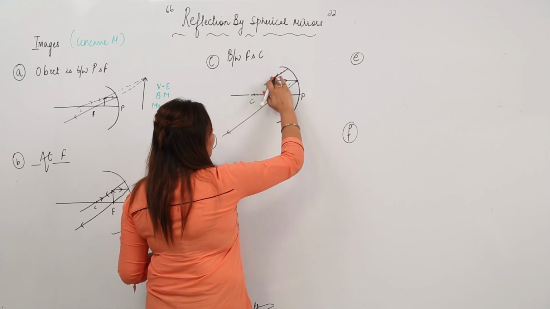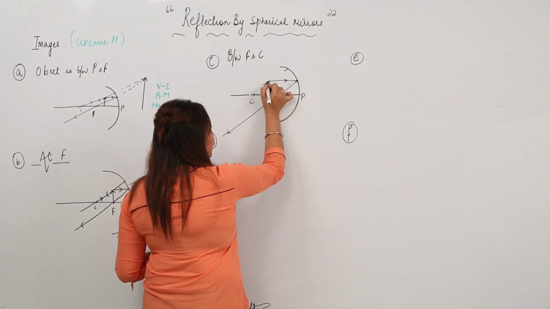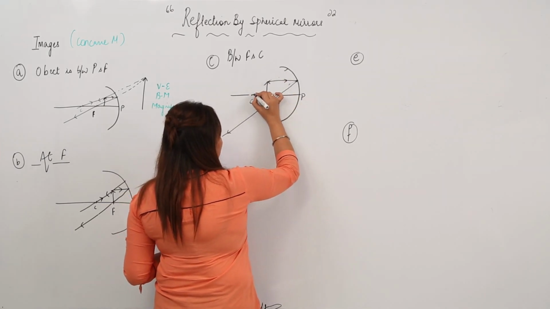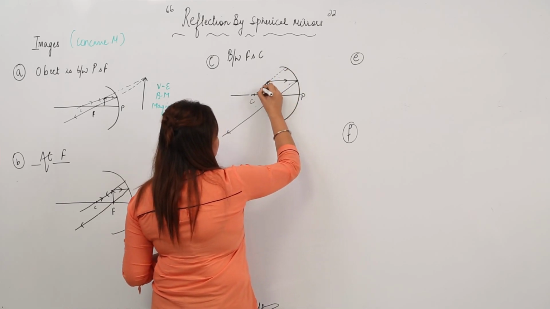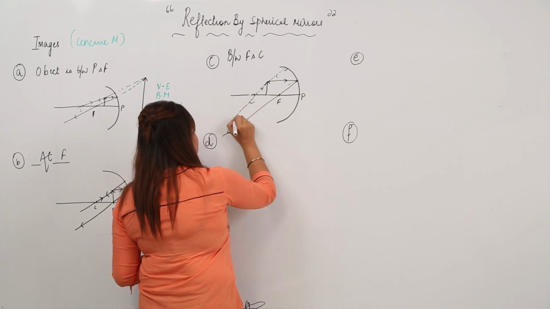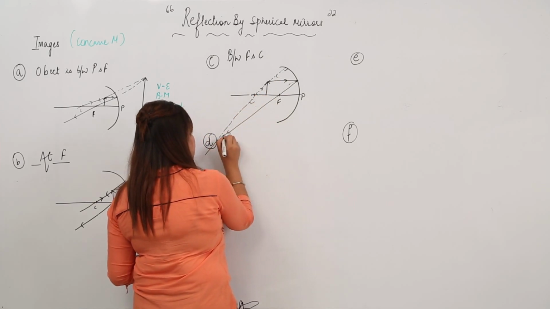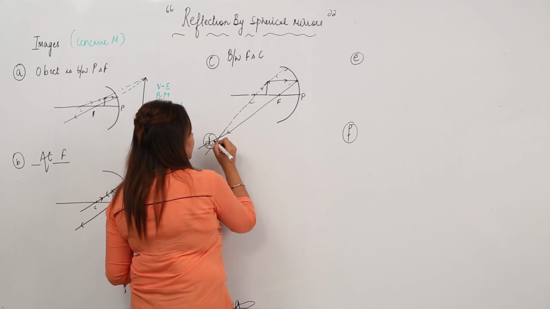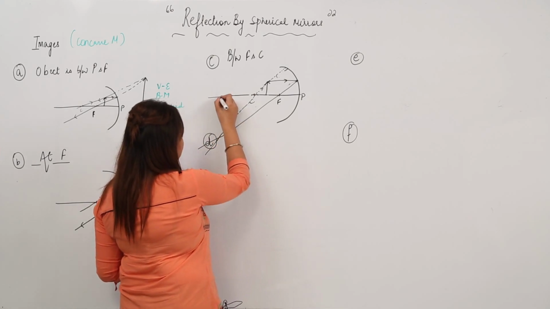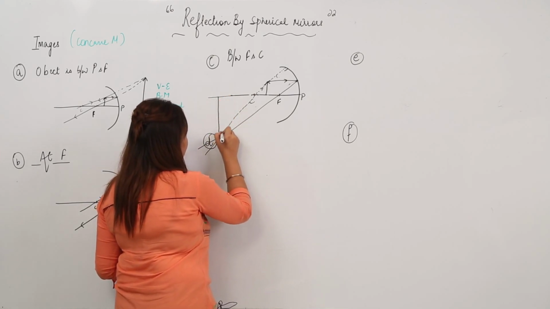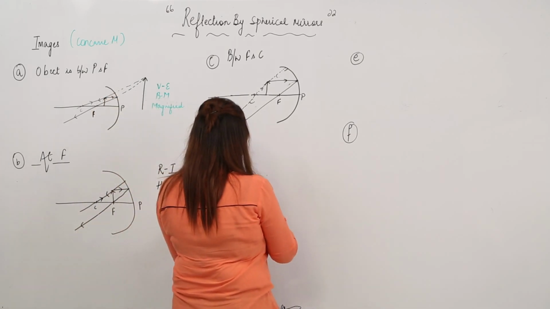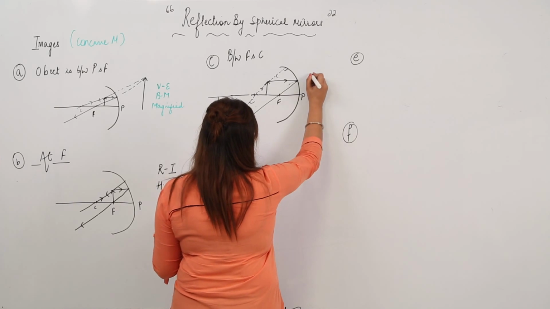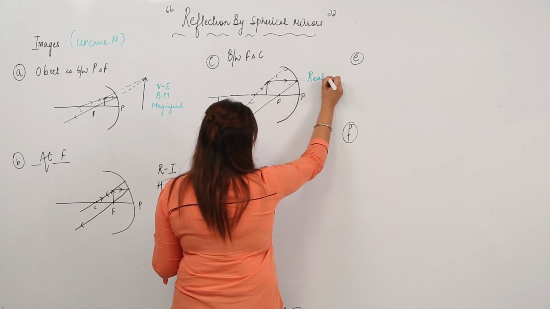Right. So what happens here? Again, I will make this. The ray which comes from C will rebound, and as we extend it, it is going to meet at a certain point. Because they are actually meeting, the image formed is real but inverted.